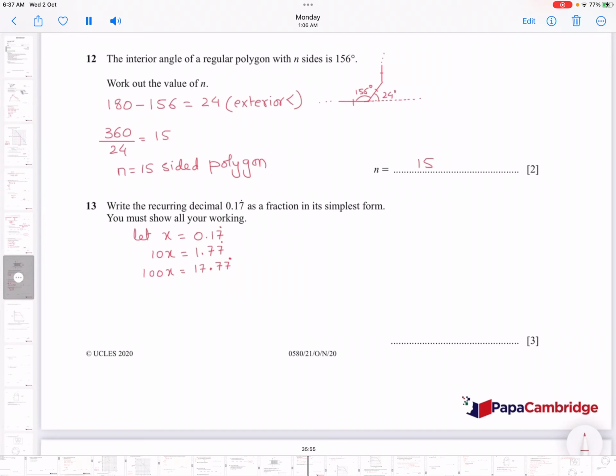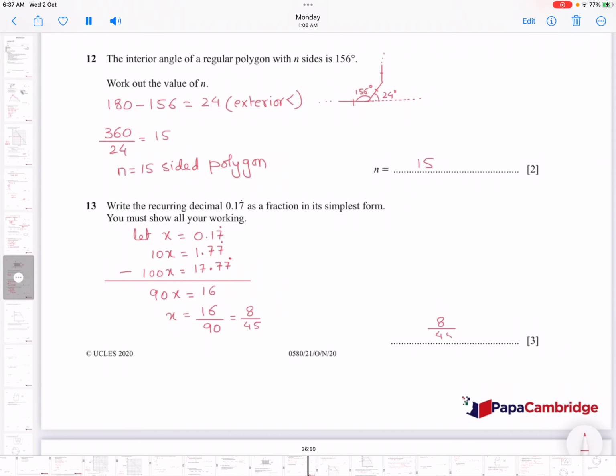Now subtract 10x equals 1.77 from 100x equals 17.77. You get 90x is equal to 16. So x is equal to 16 over 90, and this is 8 over 45.